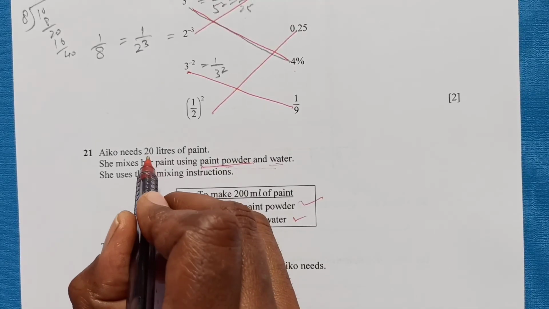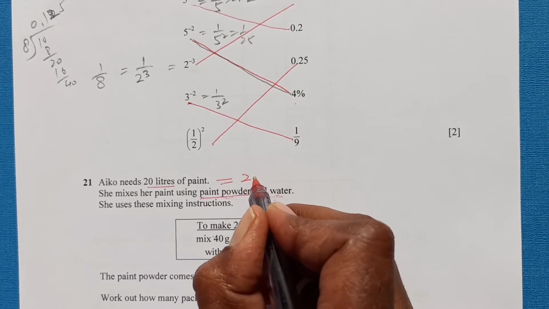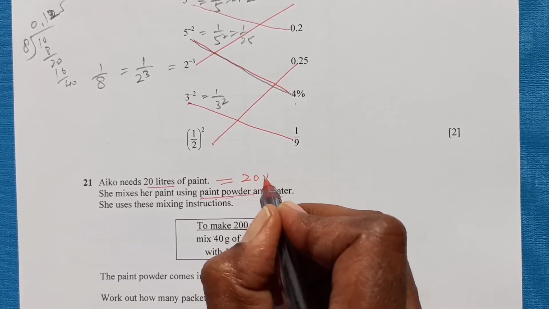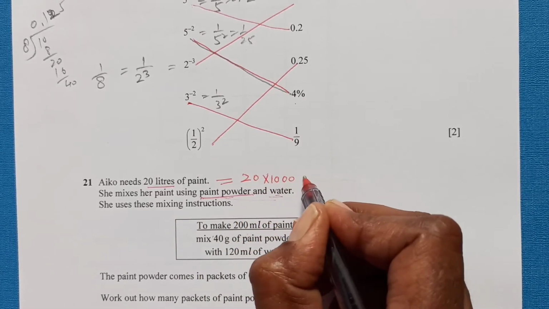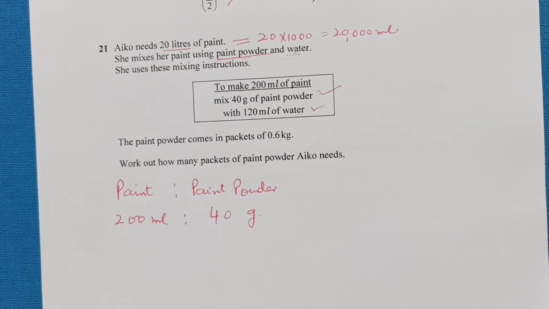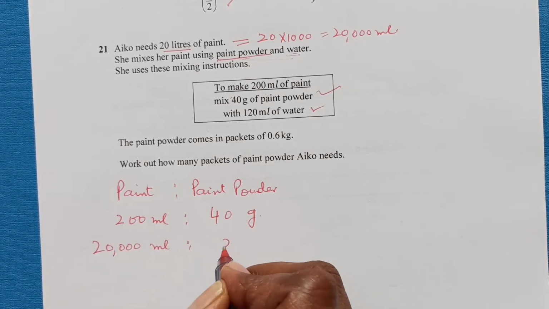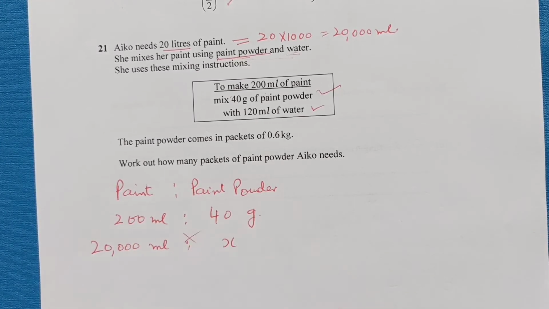So 20 liters can be converted into milliliters, right? Times 1000, so it is 20,000 milliliters. For 20,000 milliliters, how much paint powder is needed? Just cross multiply.